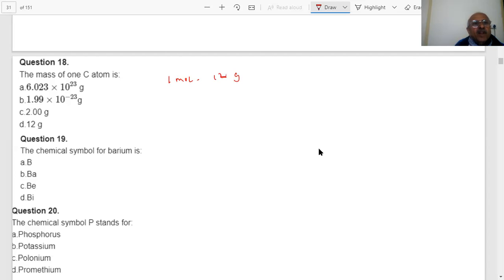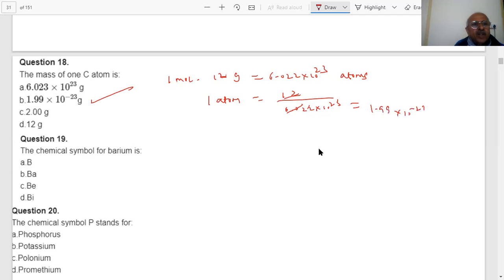It contains how many? 6.022 into 10 power 23 atoms. Then what will be the mass of one atom? 12 divided by 6.022 into 10 power 23. How much does it come? What is the answer? The B part, 1.99 into 10 power minus 23.